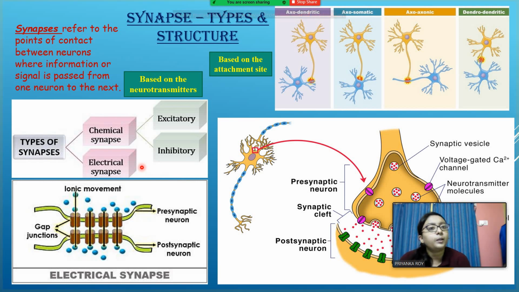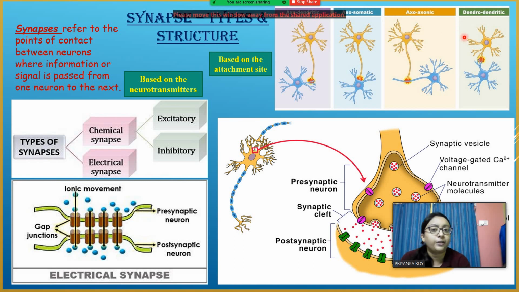Synapses can be of different types. Based on the attachment site, a synapse can be axodendritic, axosomatic, axoaxonic, or dendrodendritic. If the axon of one neuron is connected with the dendrite of another neuron, it is known as axodendritic. If it is connected to the soma or cell body of another neuron, then it is axosomatic.